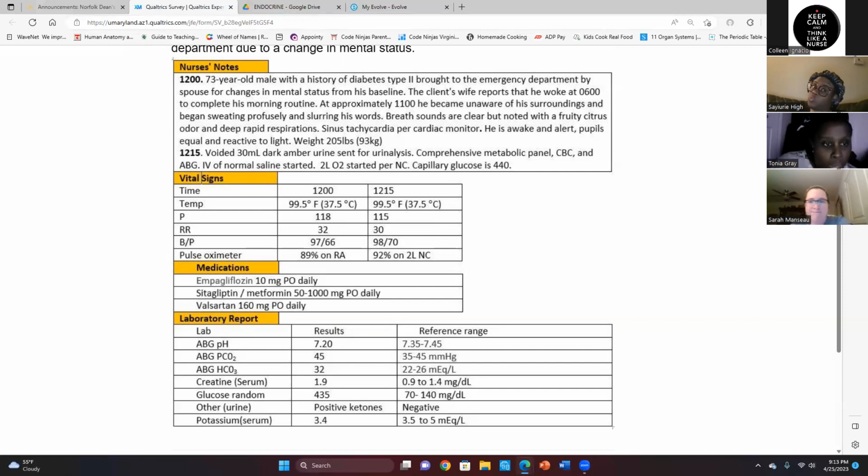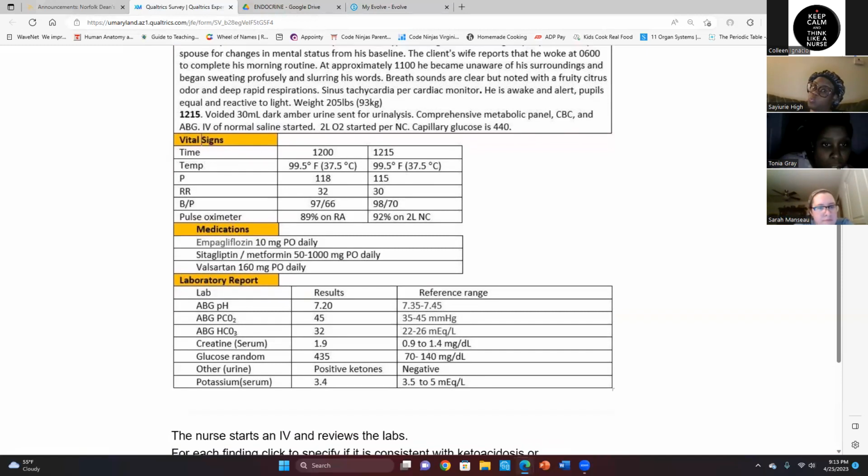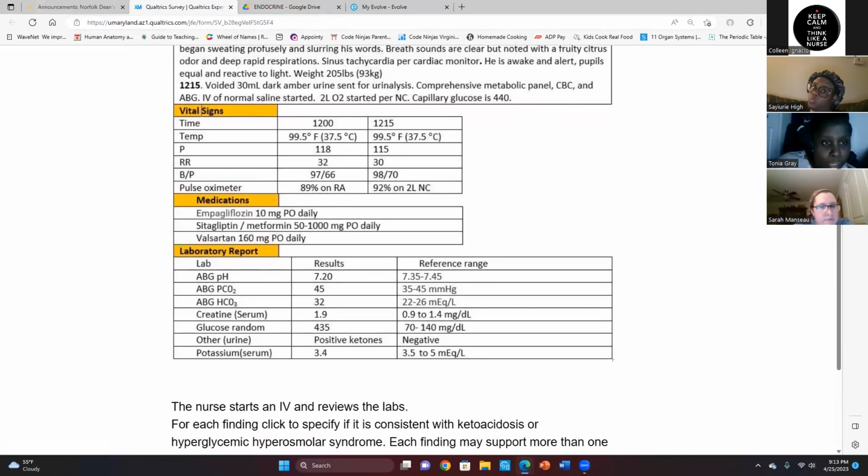Okay. So then he also got another vital signs done at 12:15. His temperature 95.5. Pulse is going down, 115. Respiration is going down to 30. BP is going up, which is 98/70. Pulse ox is 92% on 2-liter nasal cannula.